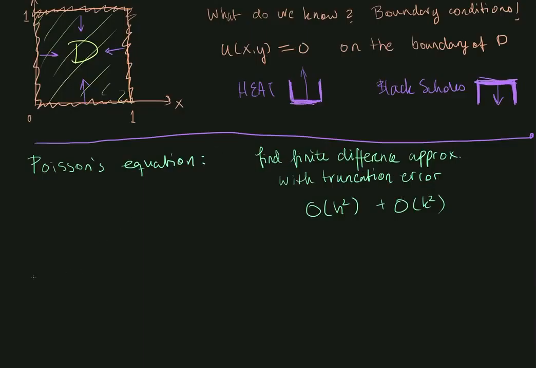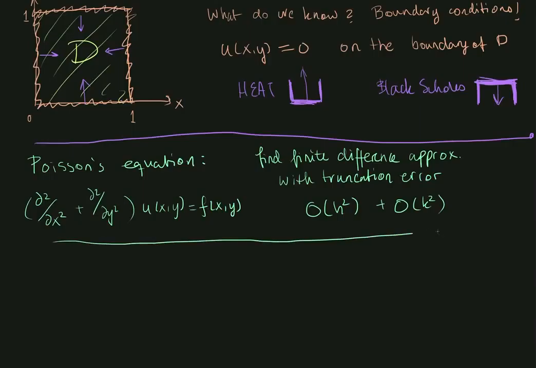Okay, so Poisson's equation is what we want to solve, and it looks like this. It's the second partial derivative with respect to x plus the second partial derivative with respect to y of u equal to f of x comma y. And in order to find inspiration, I suggest that you look in the book, section 6.2, where we have a finite difference approximation of another differential equation that looks very much like Poisson's equation.